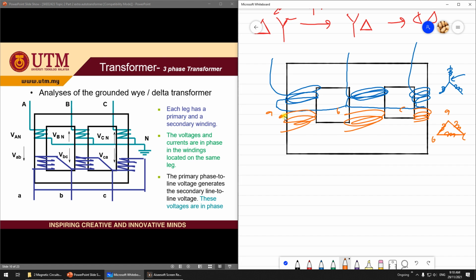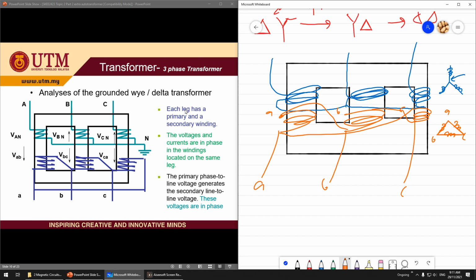This one is connected to this one, and then this one connected to this one, and this one connected to this one, and you have three phase. So it's something like this, and you have A, B, C. Make sure you know how to draw this.